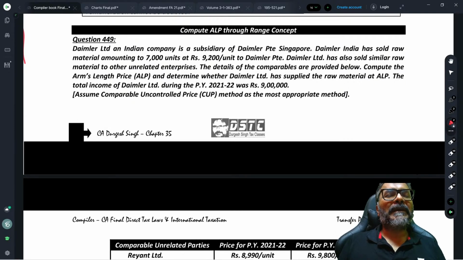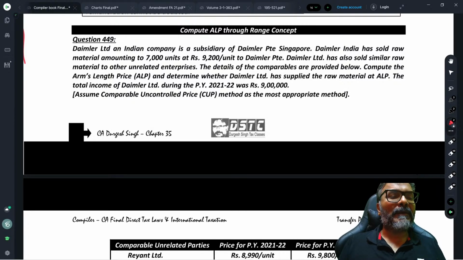So you will apply whatever is the most appropriate method. You will first choose what is the most appropriate method applicable to your transaction. Once the most appropriate method is selected, thereafter that method would be applied on various comparables which are given to you.